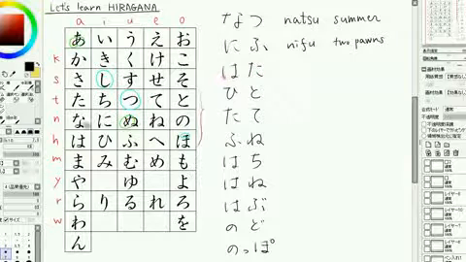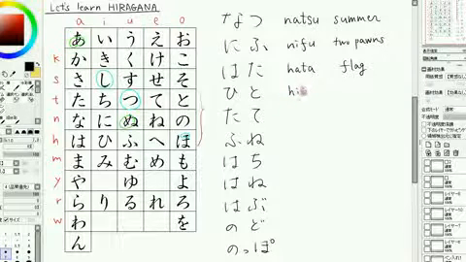Okay, next one, here and here. Hata, hata, which means a flag. Okay, next one. Here, here. So that is hito, hito, which means a human.